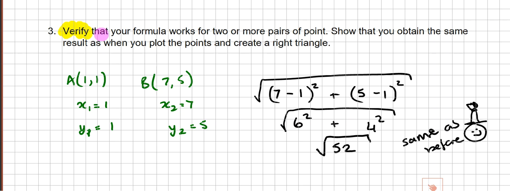So when you verify, it's not just about doing another one, you're actually checking your method works. So that's why I used question 1's example. When it says use another pair, what am I going to have to do? Make new numbers, but not just stick it in here.